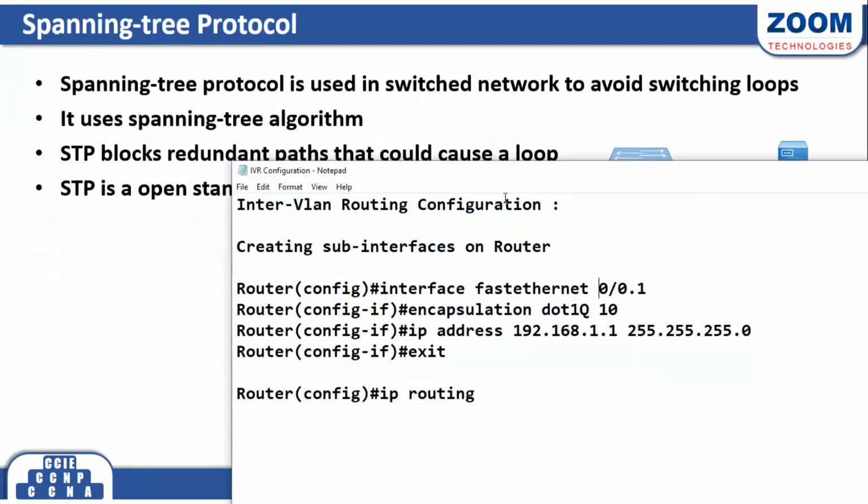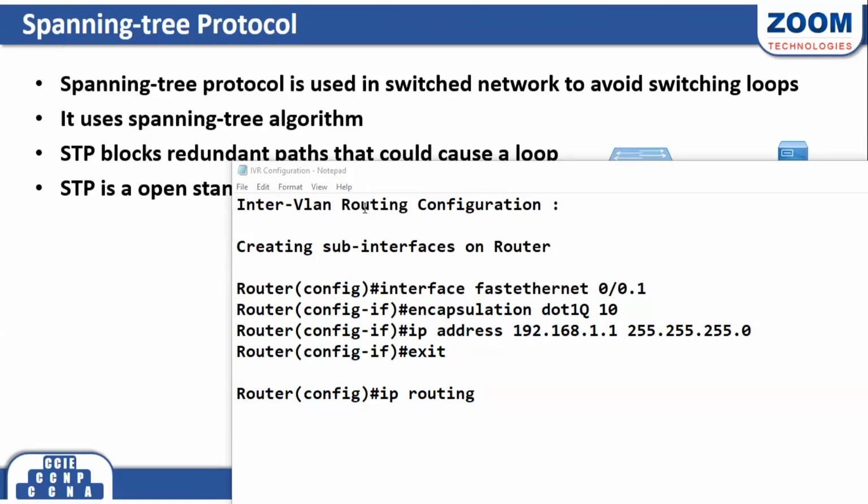So router on a stick and inter-VLAN routing aren't used so much, right? Router on a stick, inter-VLAN routing, isn't used so much in real-time networking scenarios? Both are the same. Inter-VLAN routing is the concept, and router on a stick is one method.